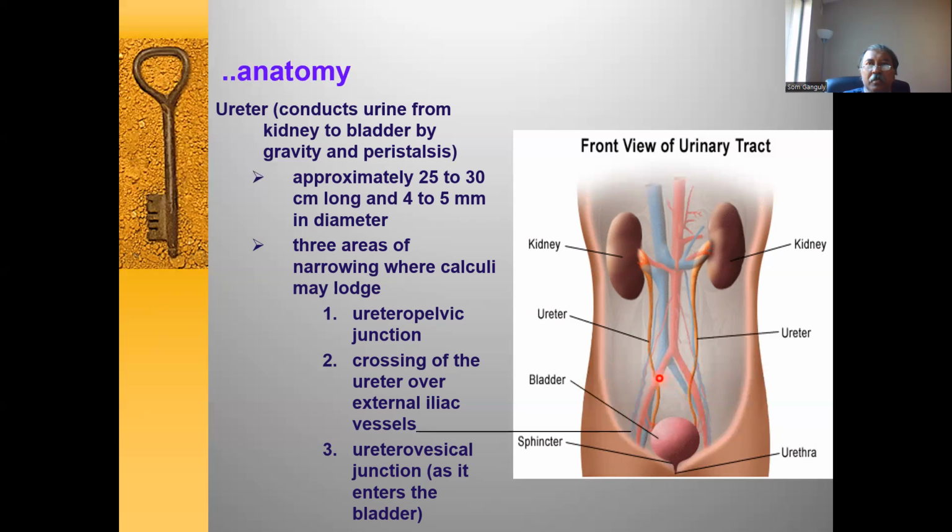Then another curvature, as you can see, is where it crosses over the iliac arteries. And the last curvature is at the backside of the urinary bladder, where it is orificing the urinary bladder. So three curvatures: 1, 2, and 3.